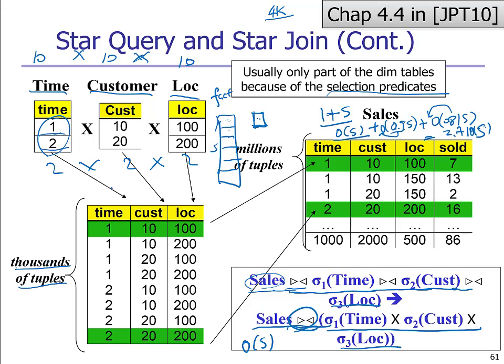So we need to somehow reduce the joins involving the fact table. If we can do the join for the rest of the tables first, even if it is a cross join. I mean, the problem of the cross join is that it actually enlarges the number of rows, because we need to list all the possible combinations here. It's not like a regular join, where you actually shrink the number of rows.